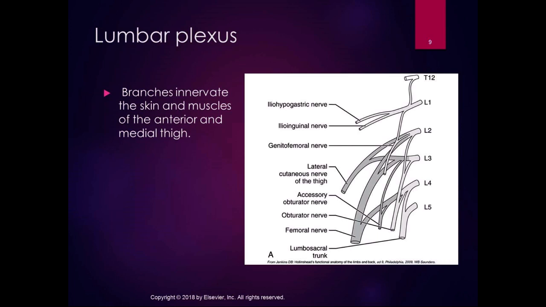So if somebody asked you an exam question, I don't know who that person would be, but if somebody asked you an exam question, which one of these is innervated by the lumbar plexus, and one of the choices was anterior and medial thigh, that's what you would pick. Okay, so that's the kind of question you can expect to hear about nerve plexes.